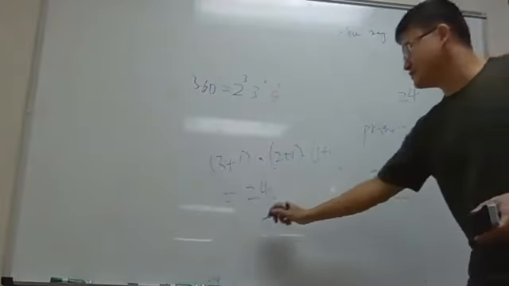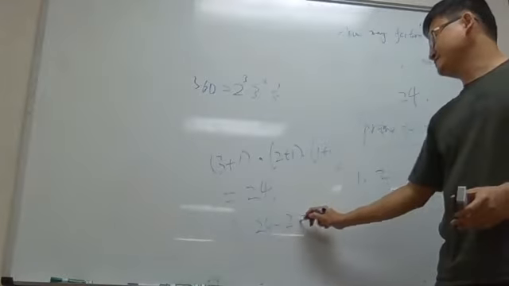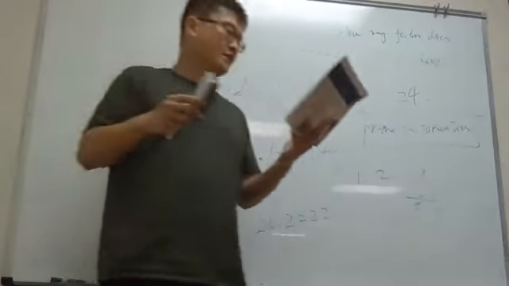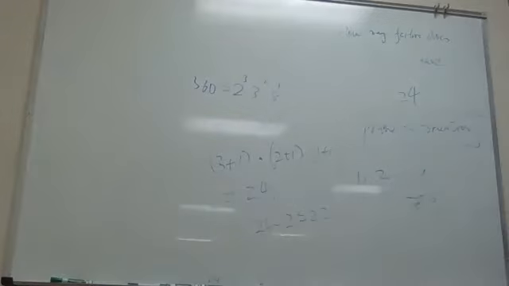So the correct answer is 24 minus 2, which is 22. This is a pretty good problem because it also checks your understanding of the prime factorization of a certain number and how many factors there are.